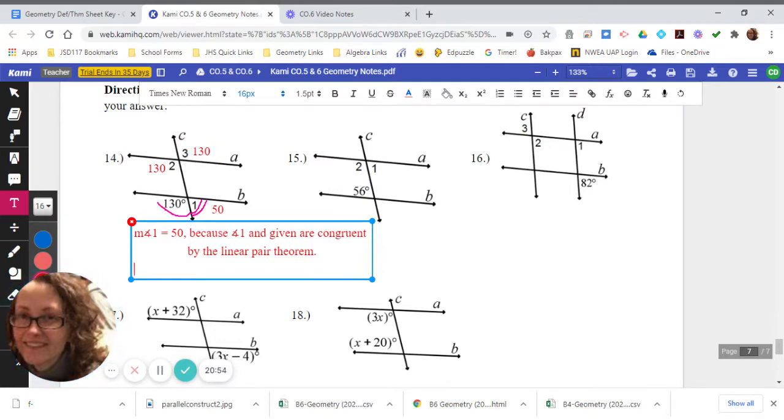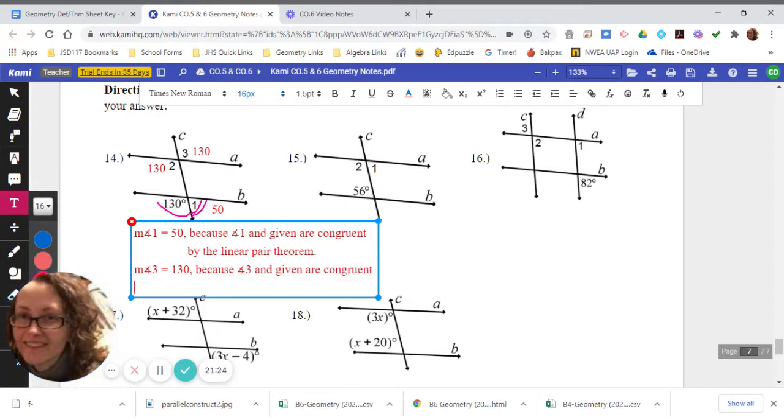Then I want to look at angle 3 and angle 2. So let's do angle 3 first. The measure of angle 3 is equal to 130. And I know that because angle 3 and the given are congruent by the alternate exterior angle theorem.